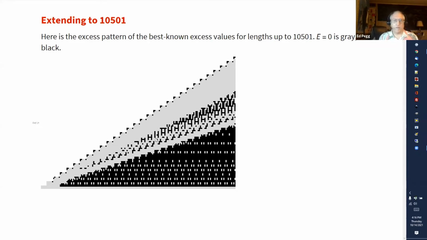This is a definite pattern, and it helped drive what we could expect to see in the problem. This isn't the pattern I came up with originally, because all the excess values here are either 0 or 1. When I originally did this, there were also some 2s and 3s, because a lot of these sparse rulers are very hard to solve. But I figured I could get everything down to 0 or 1.